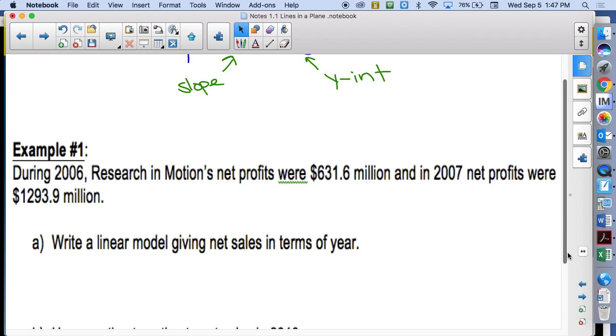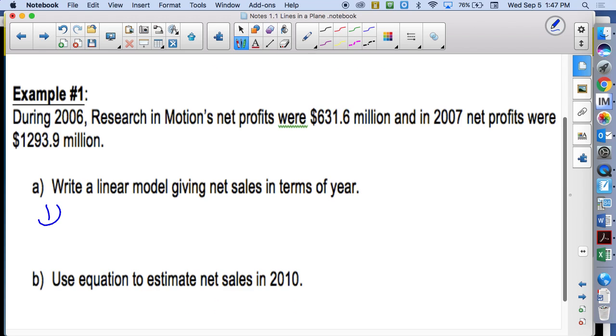So if we're trying to write a model or an equation, what do we need to know or to find in order to write that? Chelsea? The slope. Yeah, we need to find slope. So one thing is to find slope. What else do we need to find? We're trying to write a linear model or equation.